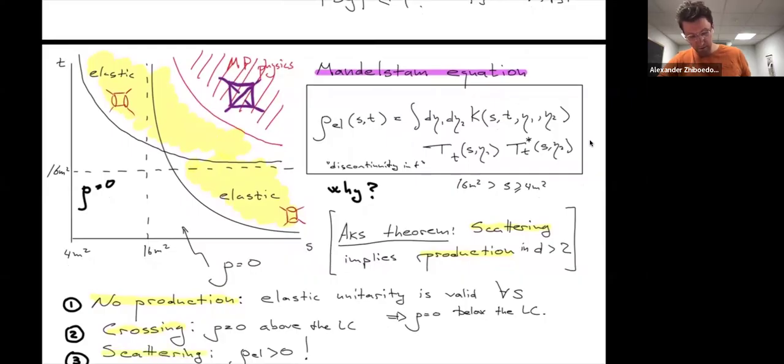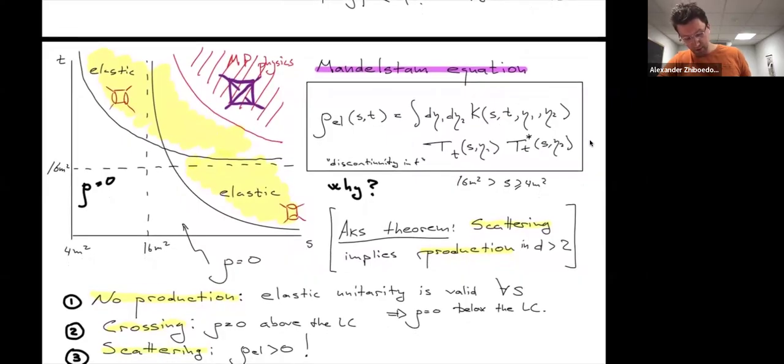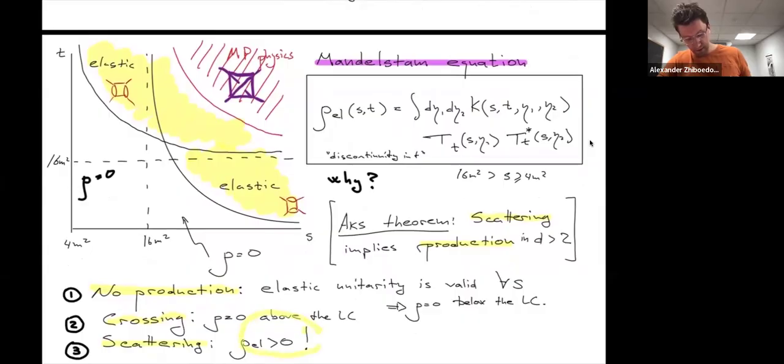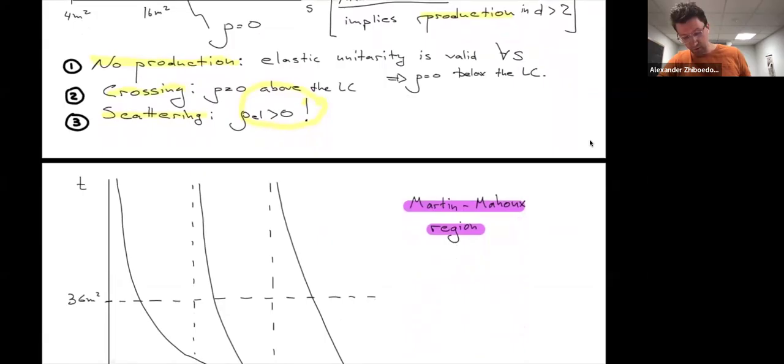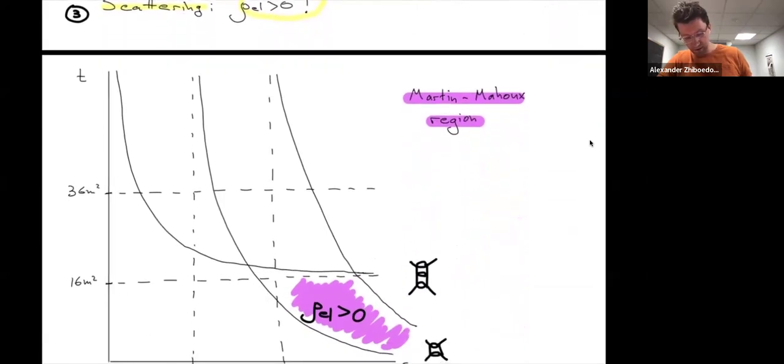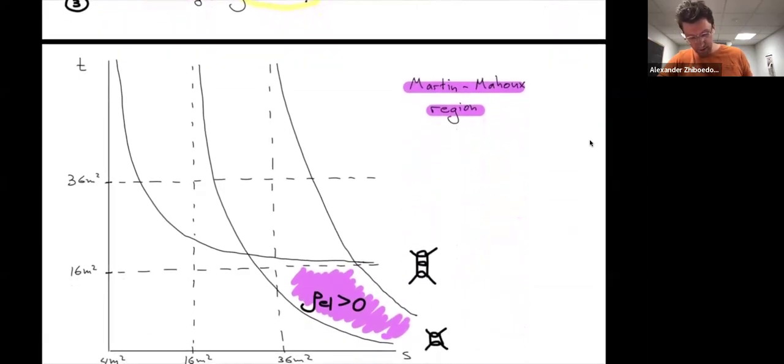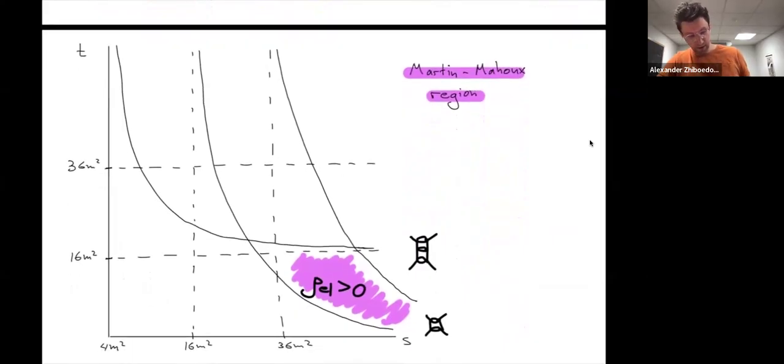And then the third step, which leads to a contradiction, is the following: you can argue, in fact, that if you have scattering, it has to be strictly positive. And this result is known as the Martin-Mandelstam region. And this is a statement that exactly someone asked me about, the higher threshold. It's a statement that this elastic spectral density, if there is scattering, must be strictly positive in this region between two Landau curves. One is due to our familiar graph and one with a third one.